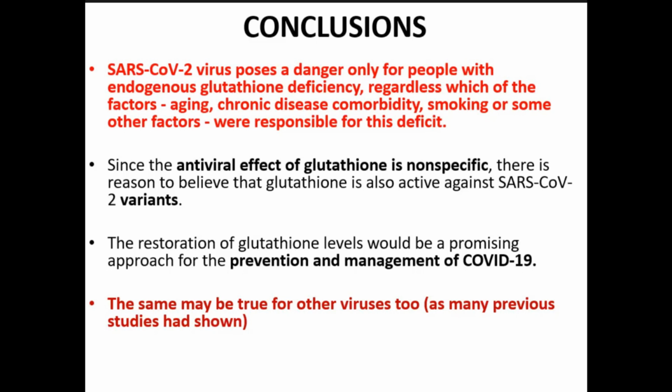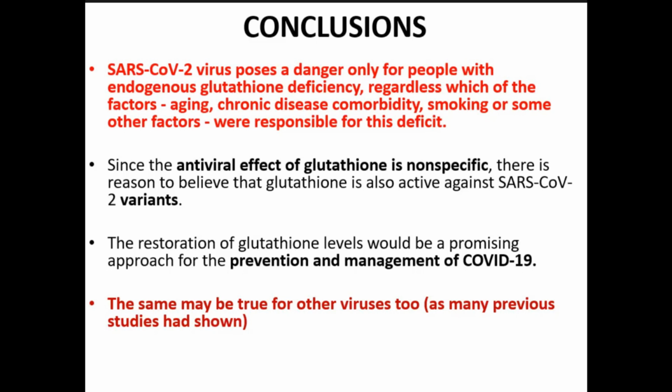Now, since the antiviral effect of glutathione is non-specific, there is reason to believe that glutathione is also active against the COVID variants. The restoration of glutathione levels would be a promising approach for the prevention and management of COVID-19, right? But apart from us, nobody seems to be interested, unfortunately.